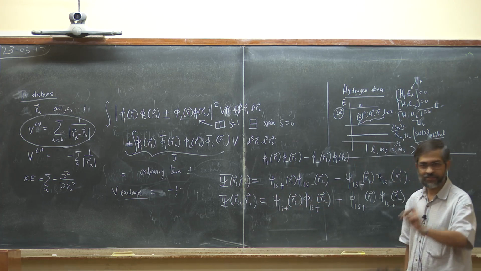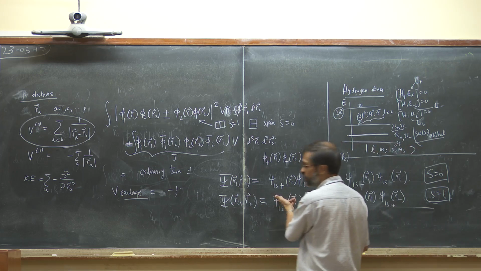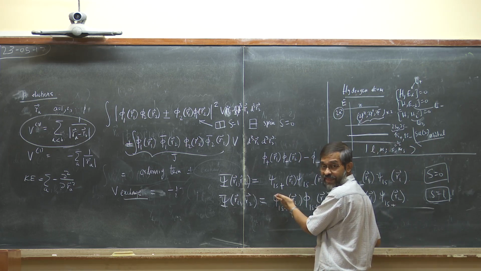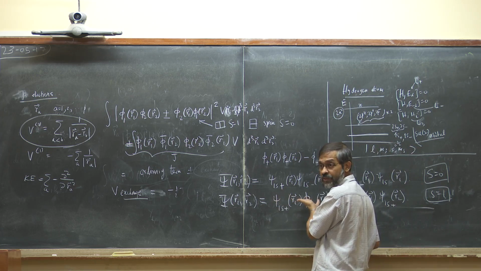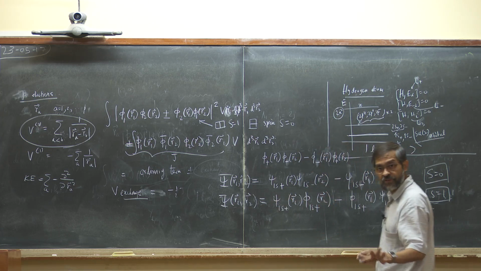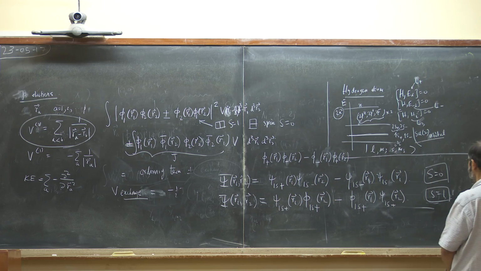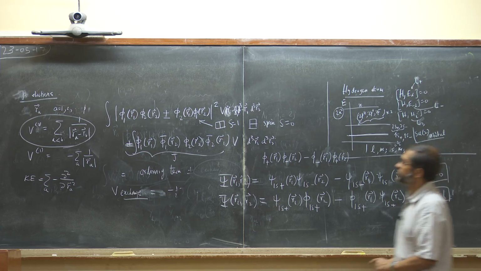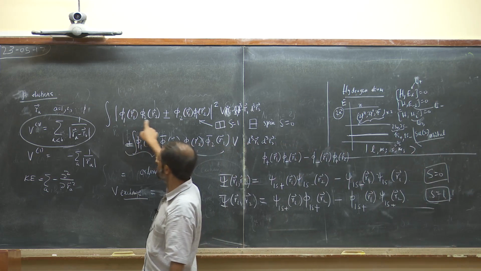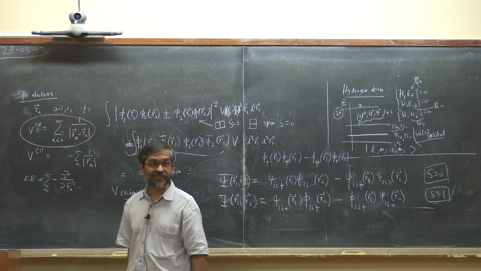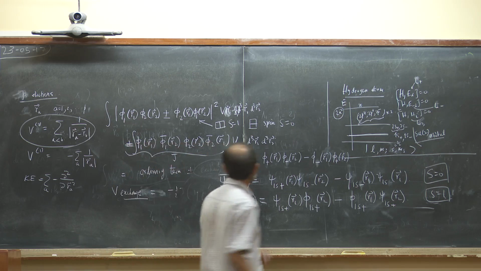So, for instance, it could be the LM quantum numbers, the orbital angular momentum quantum numbers. So I must do that, of course, and as a result I can get S equal to 1. That is why there is this phi 1 and phi 2, which I had mistakenly dropped.